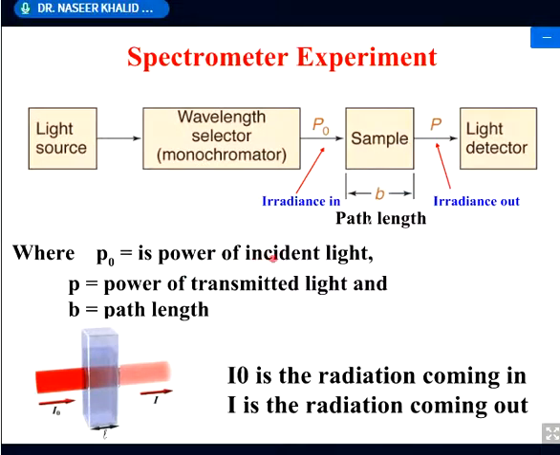Now this P naught is the power of the incident light, whereas P is the transmitted light from the sample, and B is the path length, nothing else. So this is the path length through which the sample is present. This is generally 1 centimeter.